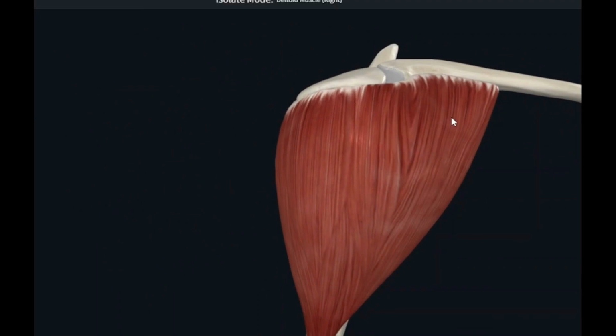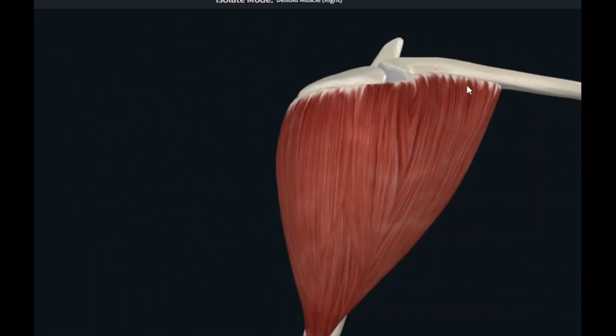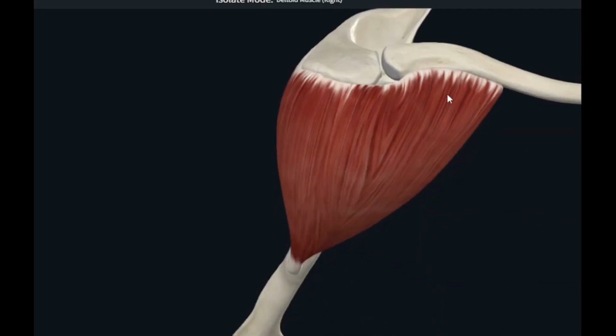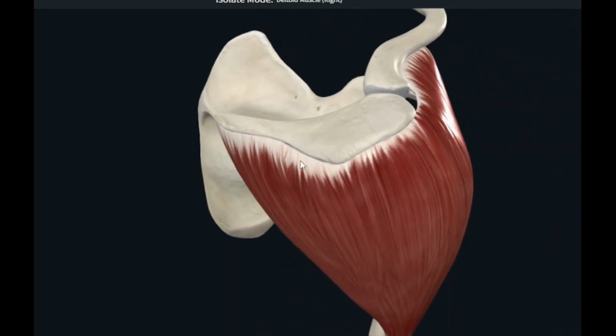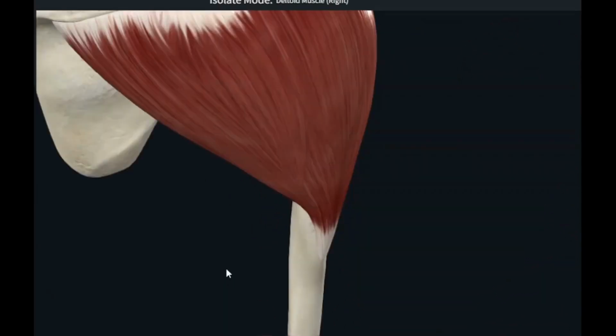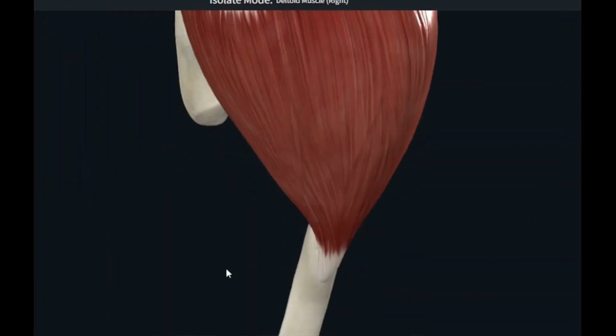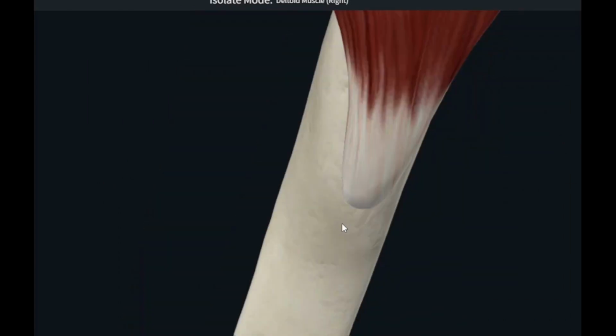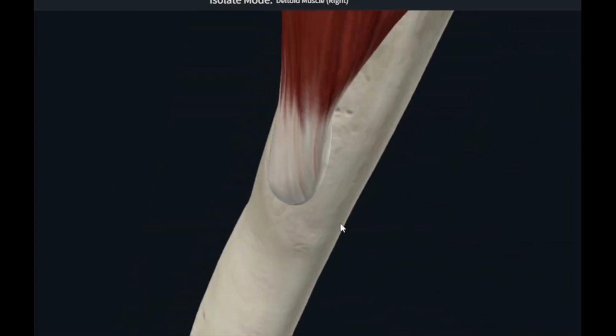As you can see, the part of the deltoid takes its origin from the lateral aspect of the clavicle, and it is from the anterior lateral 1/3 part of the clavicle. Also, the deltoid muscle takes its origin from the spine of the scapula and acromion process of the scapula. While this deltoid muscle inserts on the deltoid tuberosity of humerus. This is deltoid tuberosity of humerus, where deltoid muscle inserts.